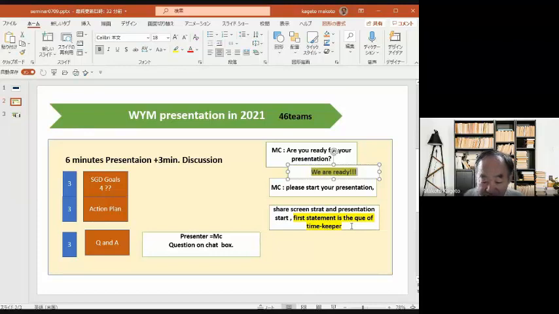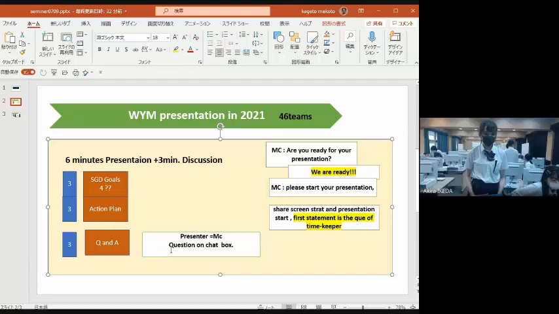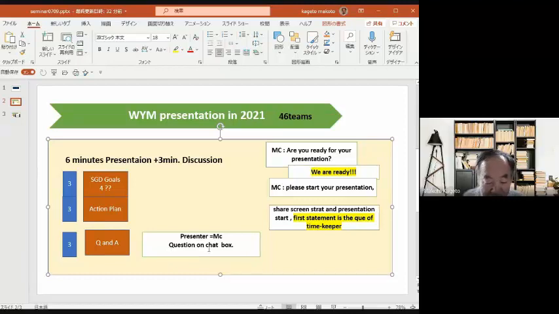The first statement is the cue for the timekeeper. After 6 minutes, we will give you a bell. Ching. And you automatically start your Q&A session, picking up a question on the chat box.